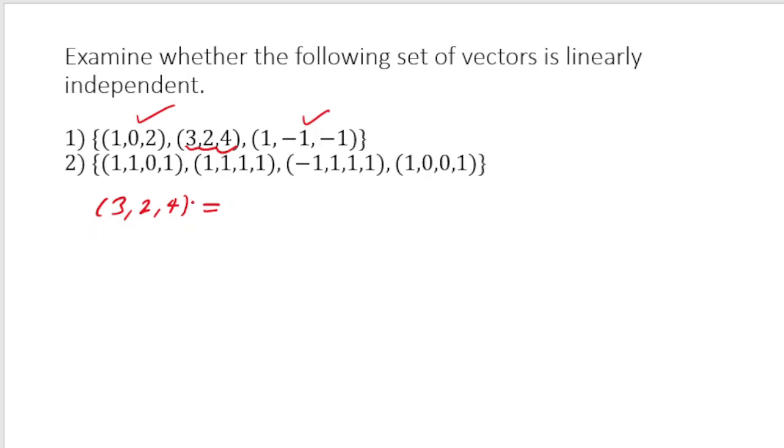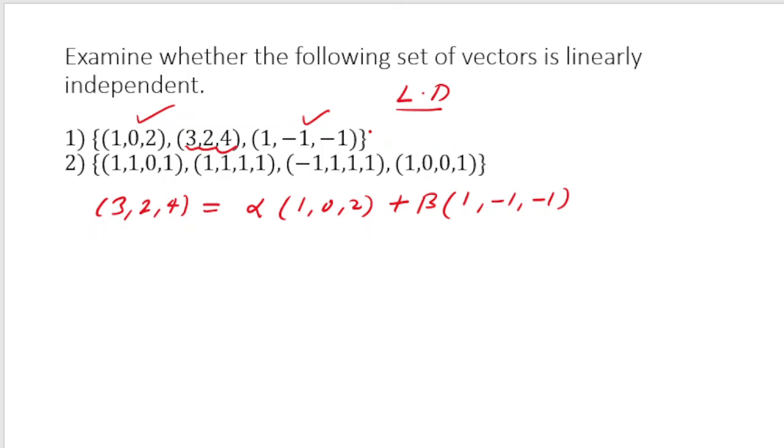So what do you mean by combination? This combination means linear combination. So I am taking alpha times the first vector 1, 0, 2 plus beta times this vector, that is 1, minus 1 and 1. If it is possible to get values of alpha and beta so that this vector can be written as alpha times this vector plus beta times this vector, then these three vectors will become linearly dependent.